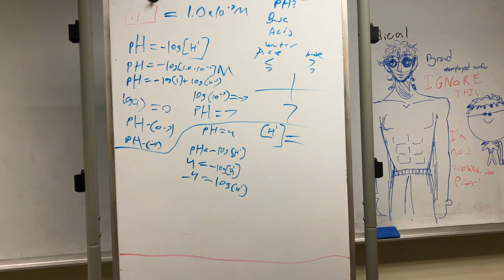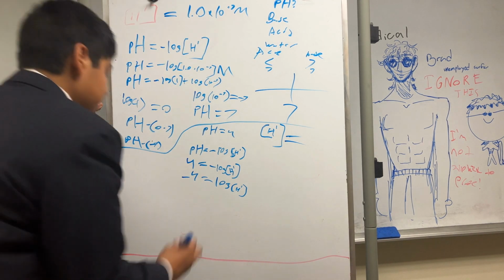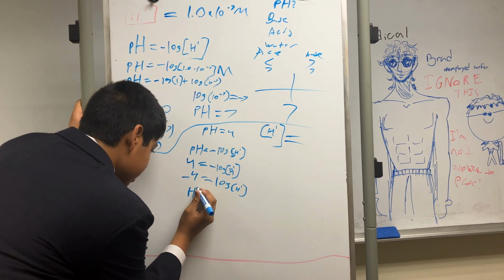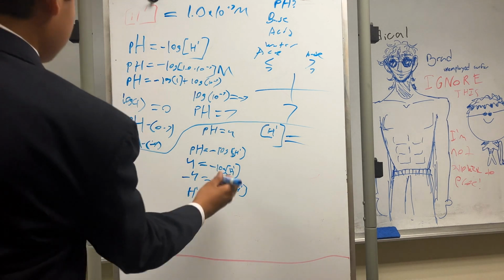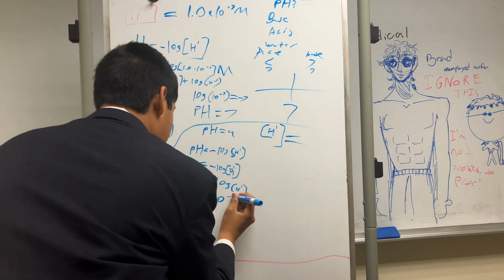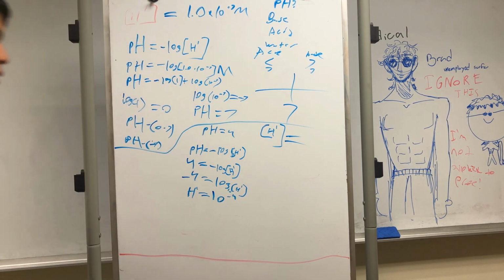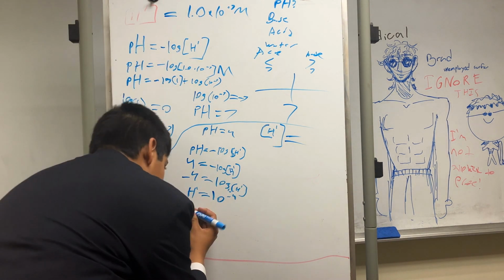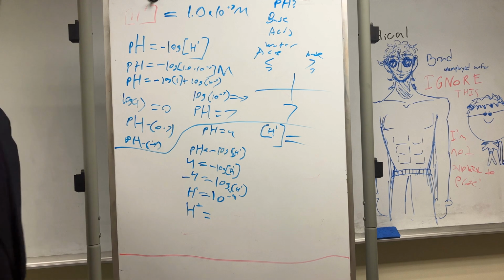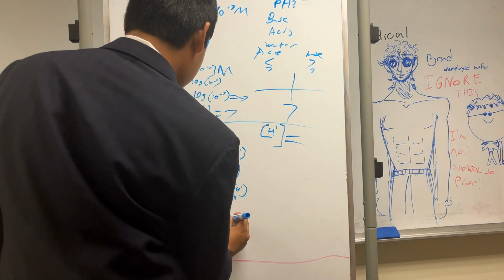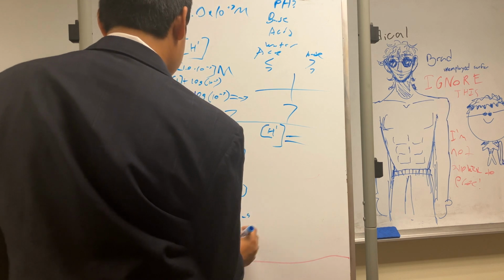Can you see that? Good. And then finally, we just rewrite that in exponential form. Hydrogen concentration is equal to 10 to the negative 4, since the log is base 10 here, which means that in moles, the hydrogen ion concentration is 1.0 times 10 to the negative 4th.